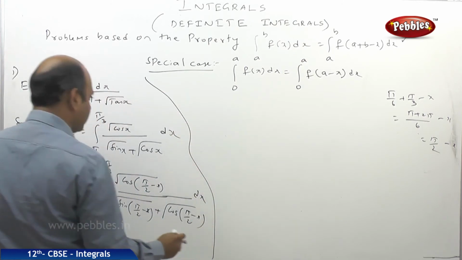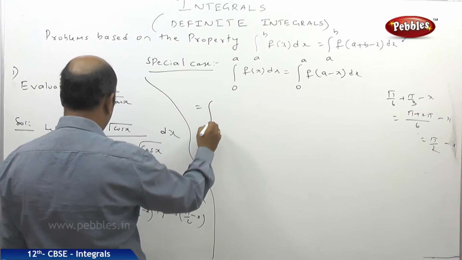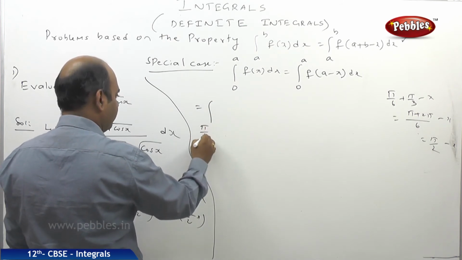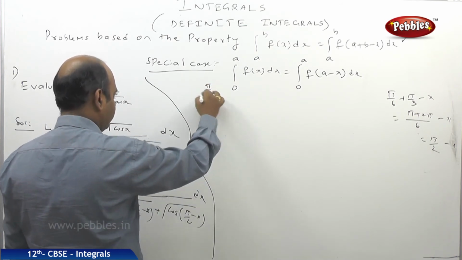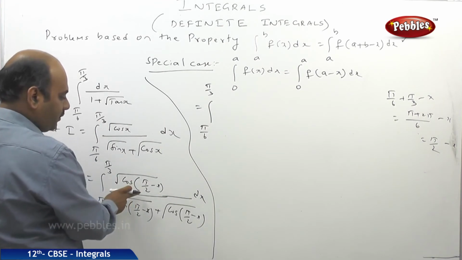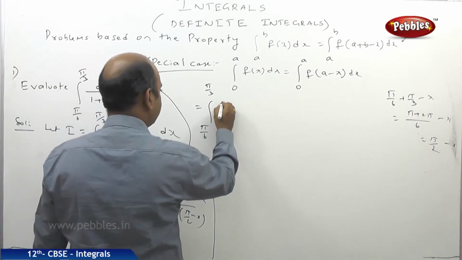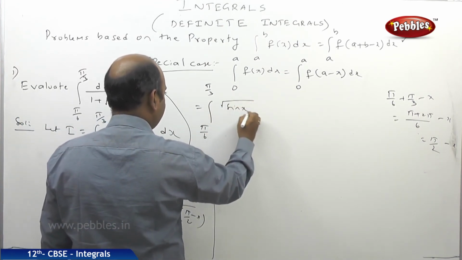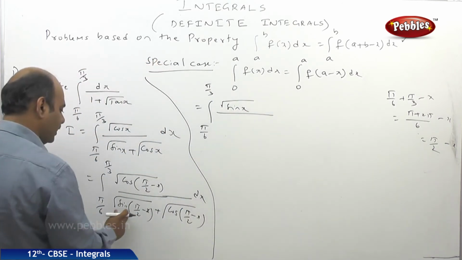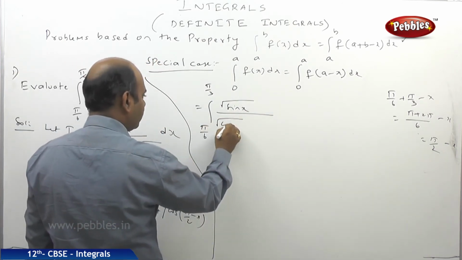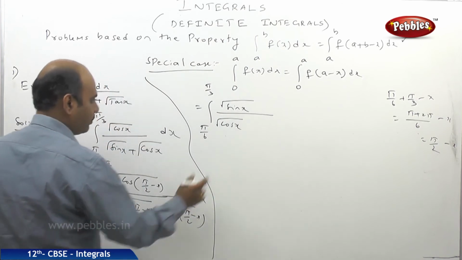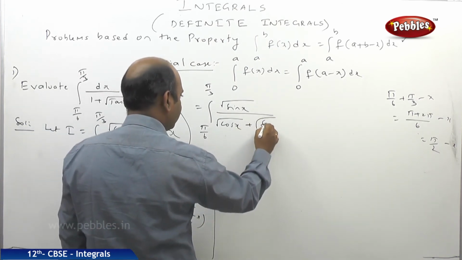So that is equal to integral of pi by 6 to pi by 3. Under root of cos of pi by 2 minus x becomes under root of sin x, divided by under root of cos x plus under root of sin x.